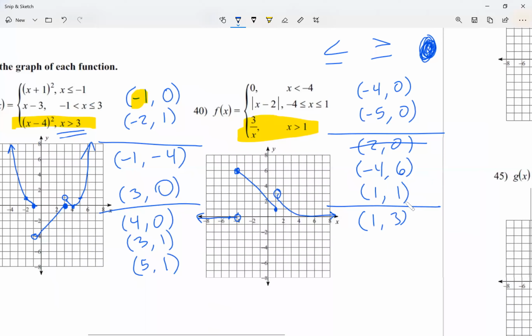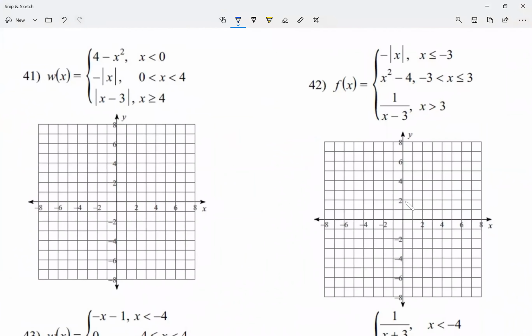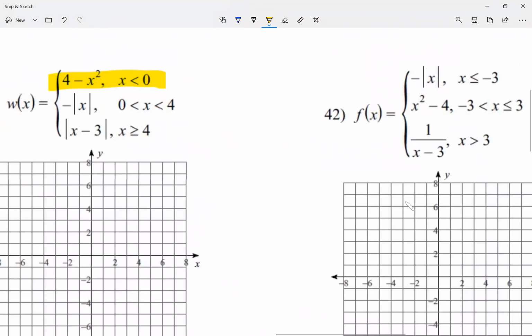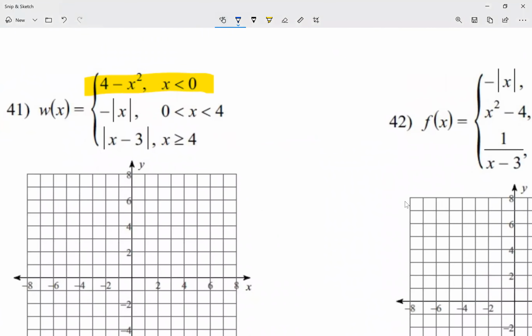Now let's take a look at question 41. My first graph, the highest exponent is x squared. So I'm expecting a U shape. Now on this U shape, the vertex, let me rewrite this as 4 minus, in parentheses, x minus 0 all squared, right?